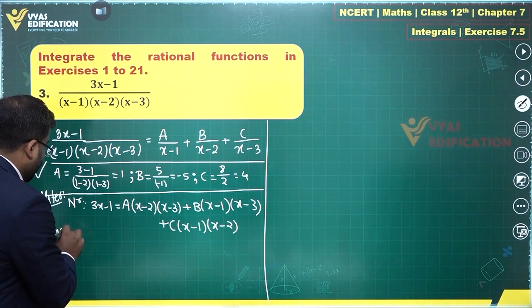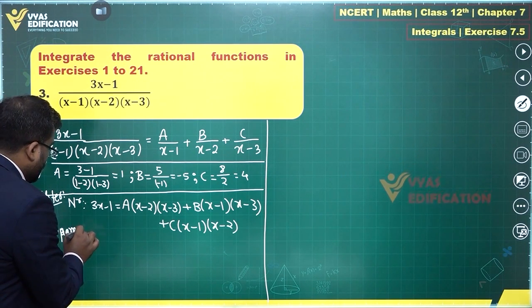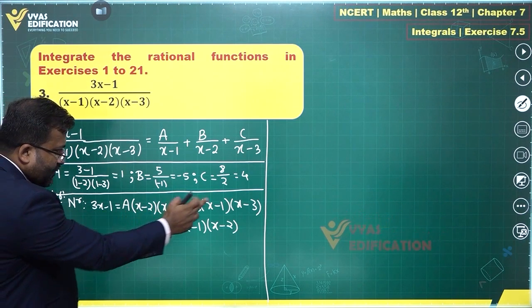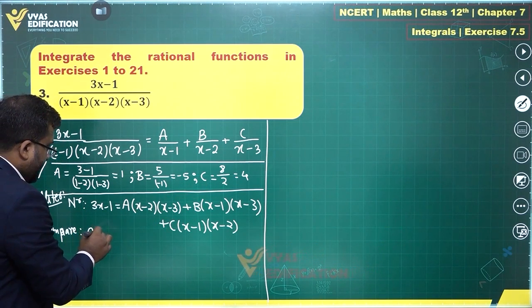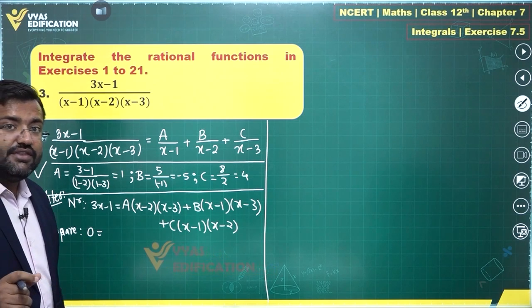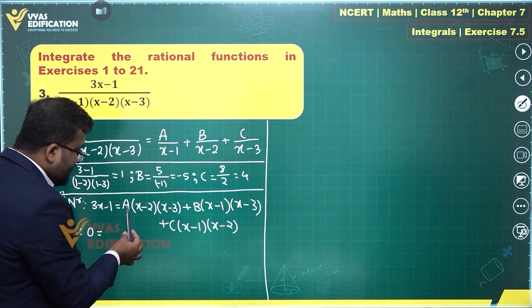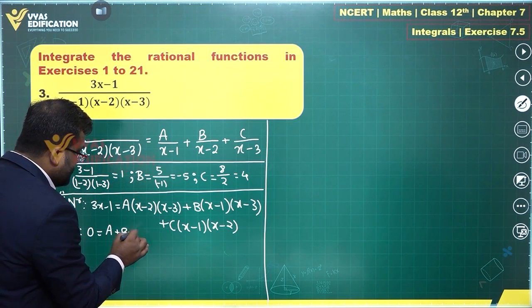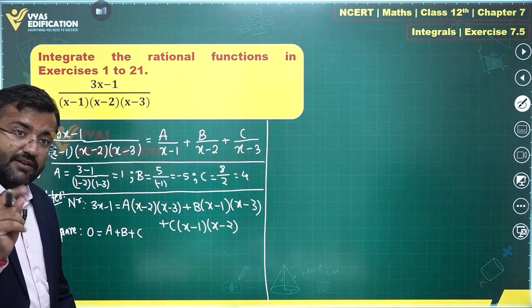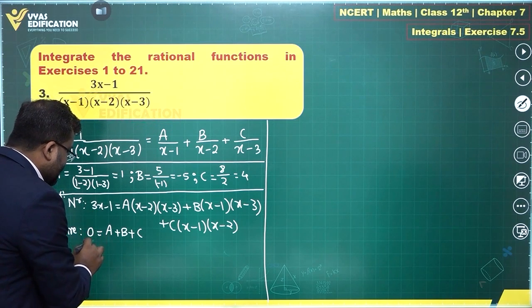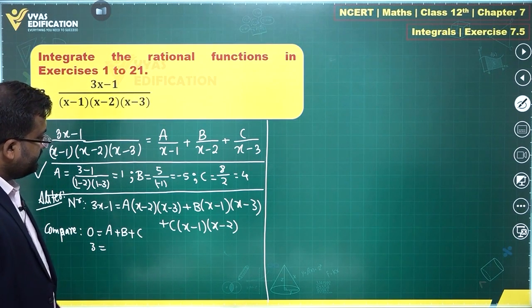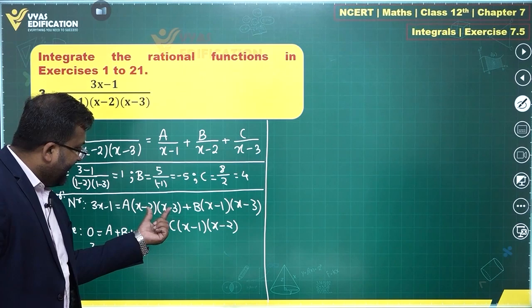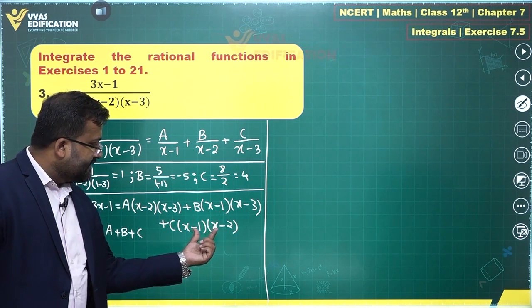So compare. Compare the coefficient of x square on the right hand side and on the LHS. x square on the left hand side is 0, okay. So this is A times x square, B times x square, C times x square. That tells me A plus B plus C is 0. That's one thing. The coefficient of x is 3, which is equal to, this is minus 5x, this is minus 4x, this is minus 3x.